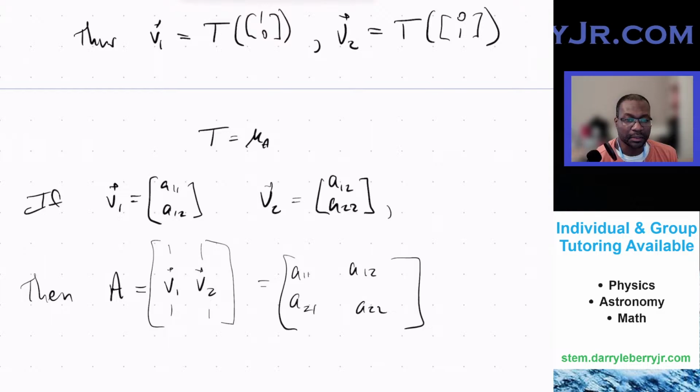If it's linear, you can construct the original matrix from these vectors. Okay? We'll see how this works.